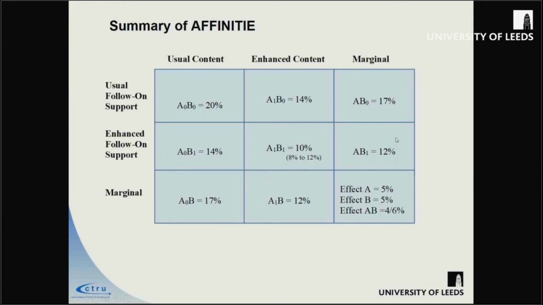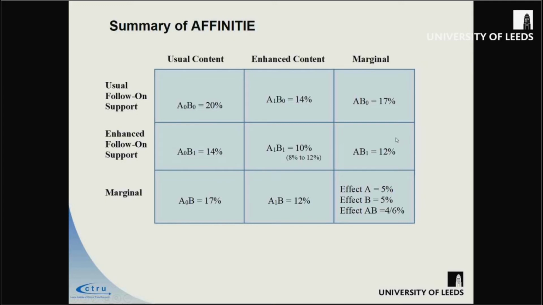And this is an interaction because it's not equal to 8%, so we're saying that there's going to be a ceiling effect on the amount of change that we can have. So yes, we can possibly have a 6% effect on the proportion of unnecessary transfusions with each intervention at a time, but if you put them together, we're not going to have as much as double the effect. We're going to have slightly less than that, so there's this ceiling effect.